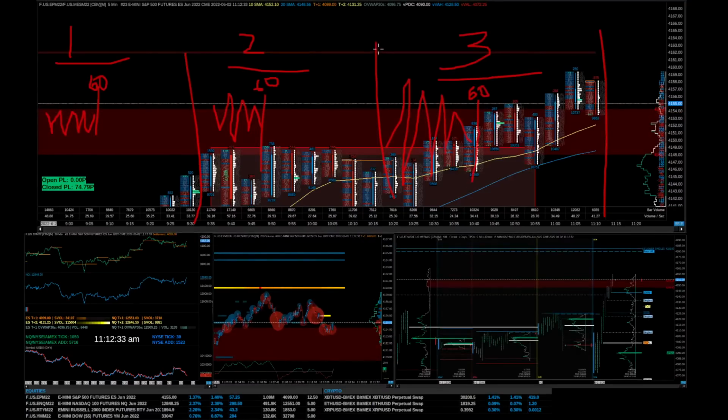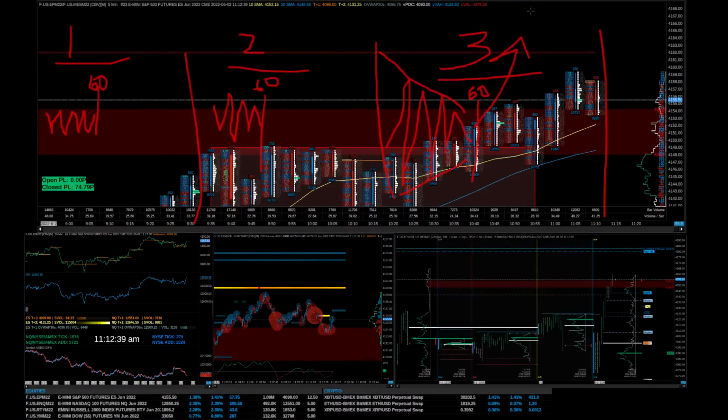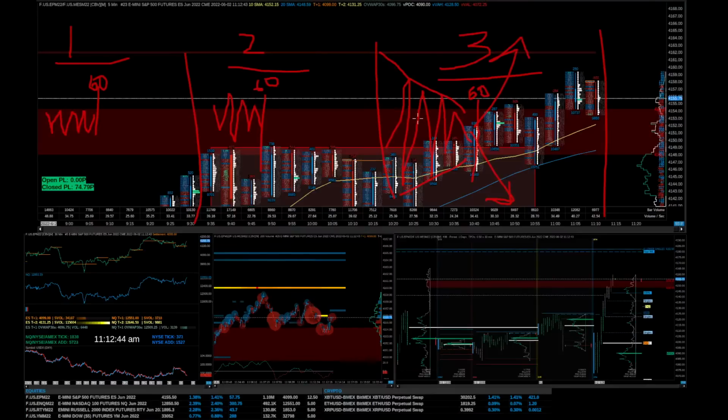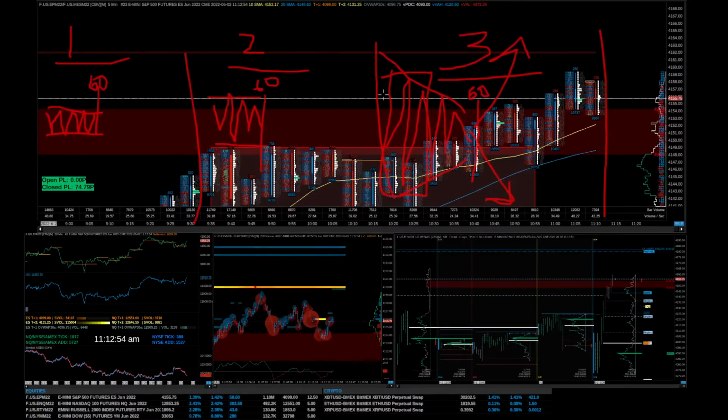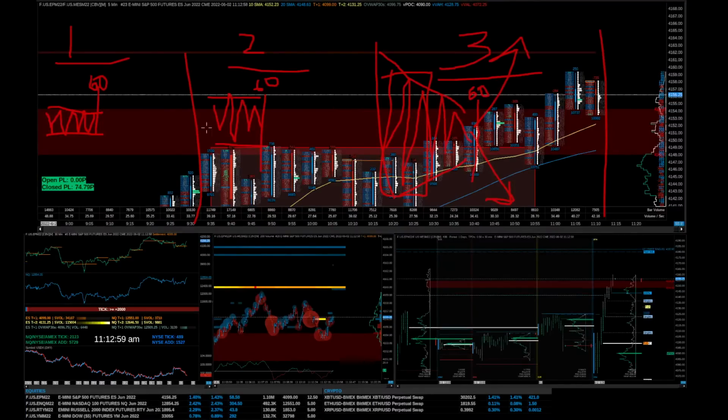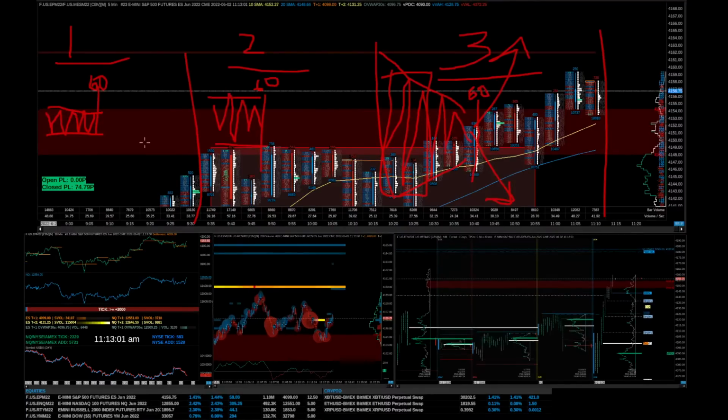You might argue this is some sort of triangle. We get these, and it still may break up or it may break down. But I would argue, because of this range, and this holds the highest volume, and relative to preceding days it's a very wide initial balance. So this initial balance is, say, 70 to 100% the width of these preceding days.